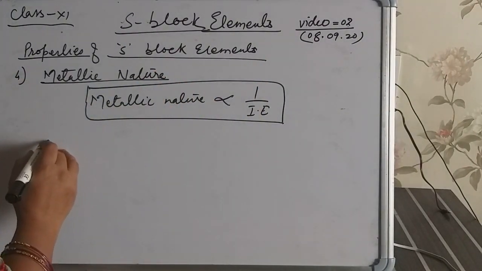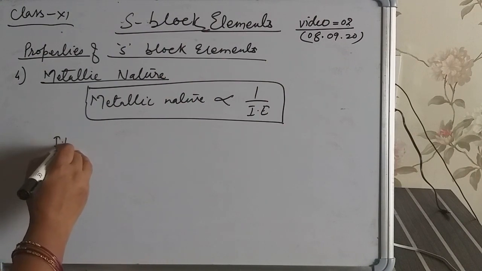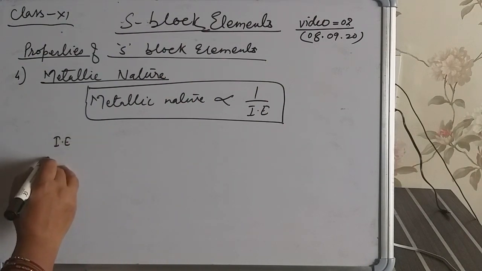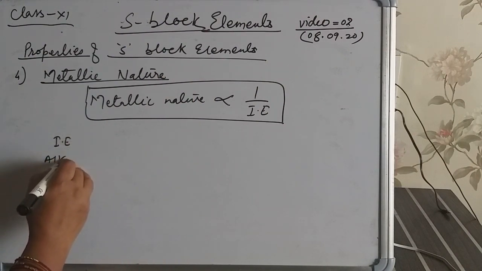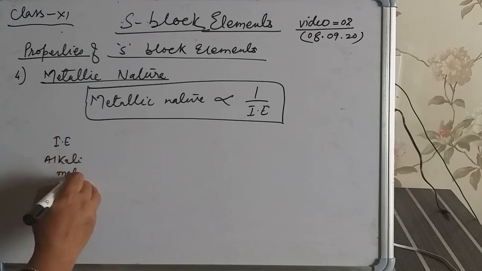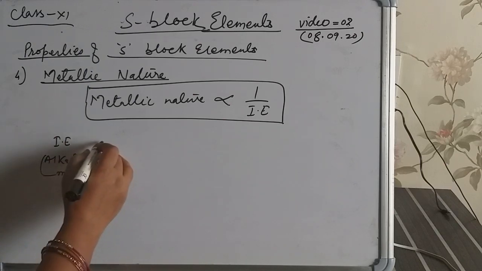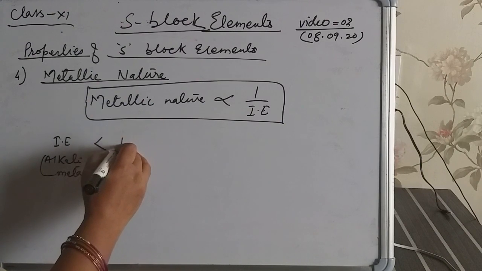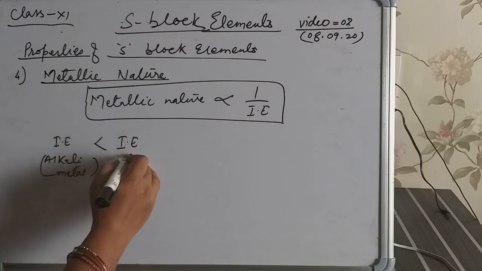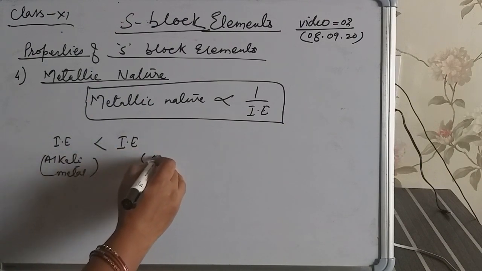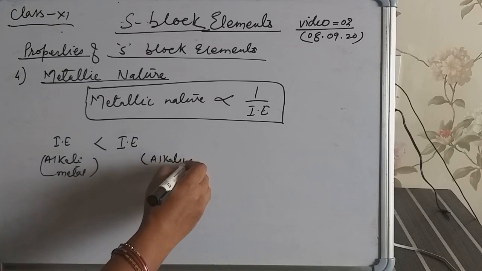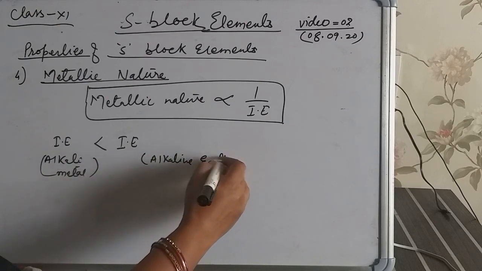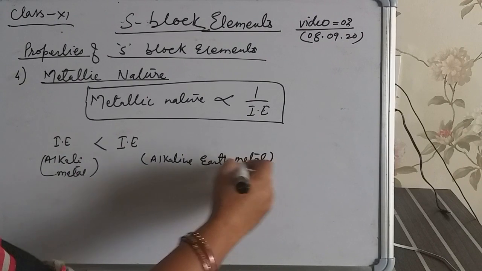So as we know, the ionization enthalpy of alkali metal is less than the ionization enthalpy of alkaline earth metal.